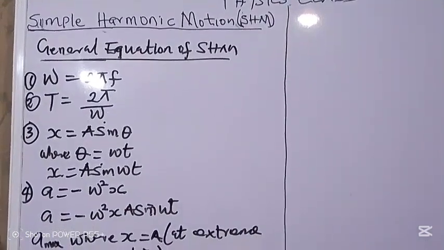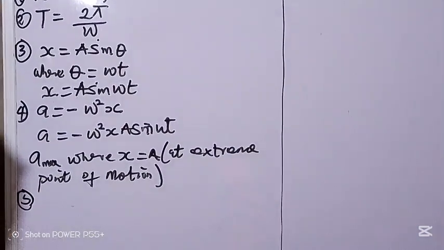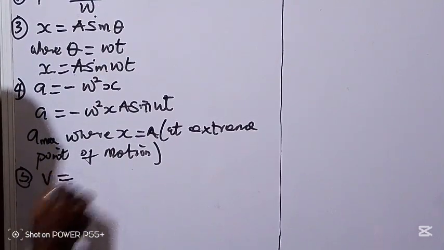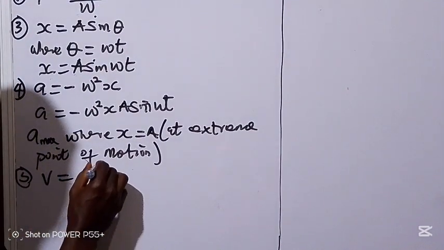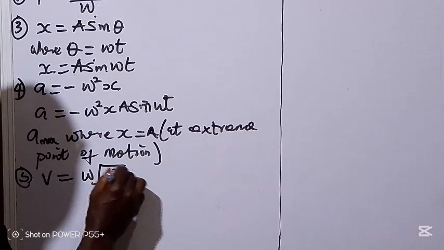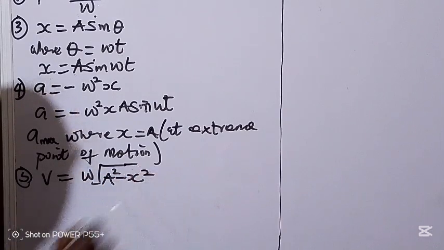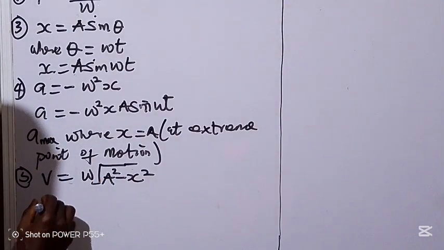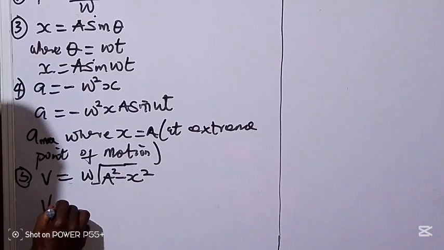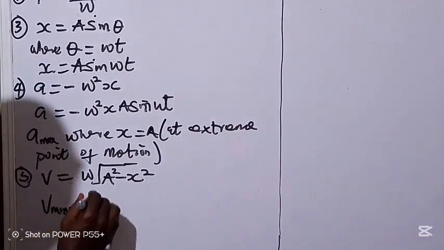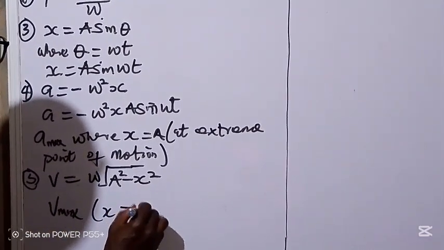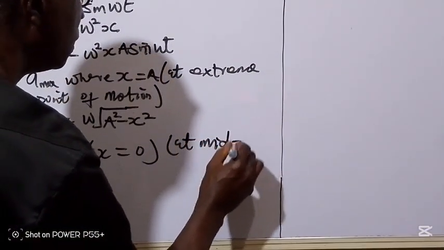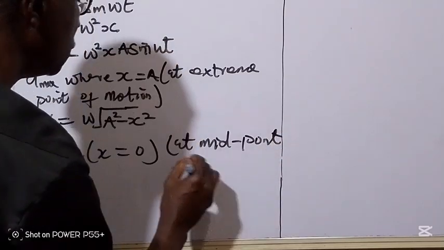Then after that, we look at the velocity of simple harmonic motion, v equal to omega into square root of a squared minus s squared. And we said the maximum velocity of simple harmonic motion will occur when s is equal to 0, and this takes place at the midpoint or middle of the motion.